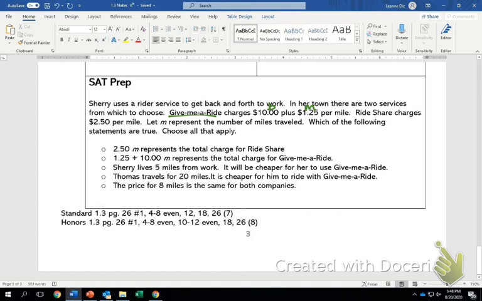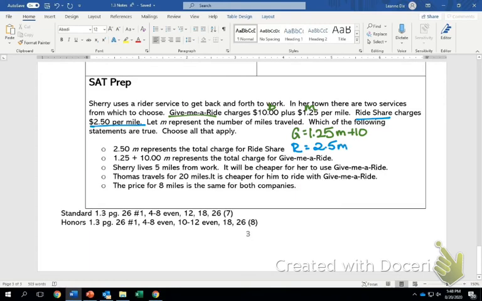And then the $1.25 is per mile. So because it's per mile, that's going to be our M. So if I were to create the equation, it would say G is going to equal 1.25 M, because that's per mile, plus 10. And then the next one is the rideshare, and that is just $2.50 per mile. So we'll say R equals $2.50 per mile.